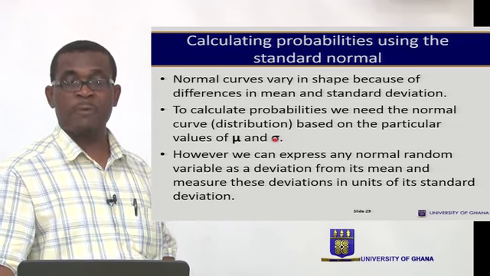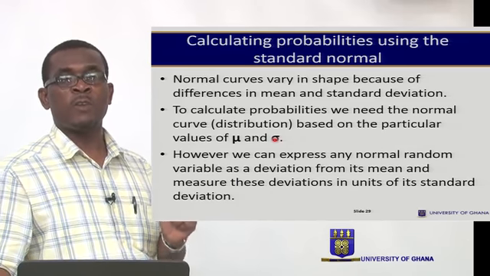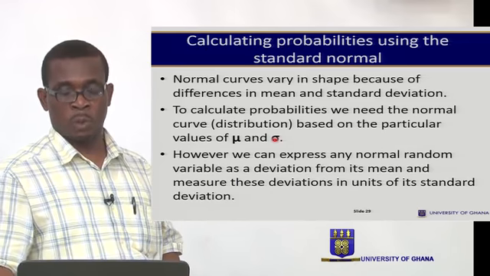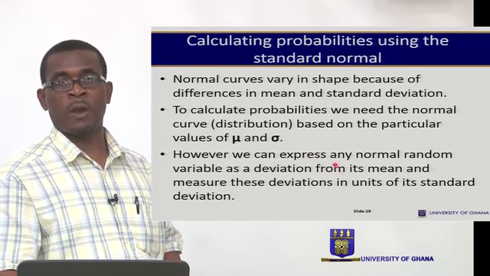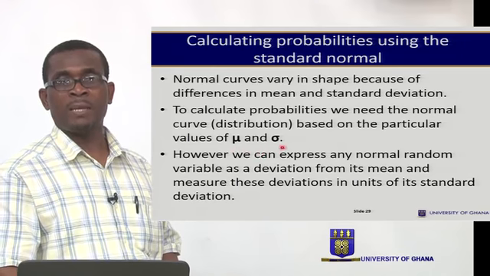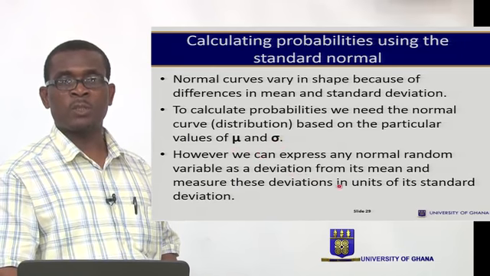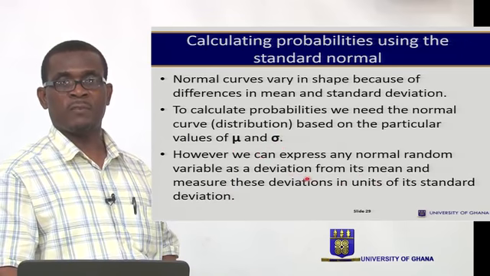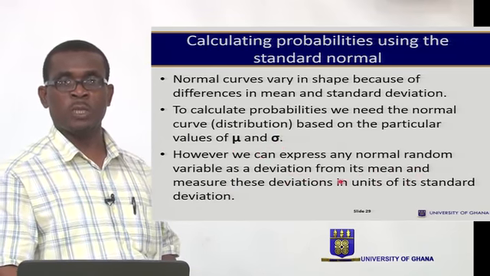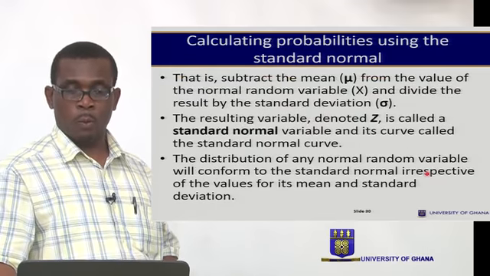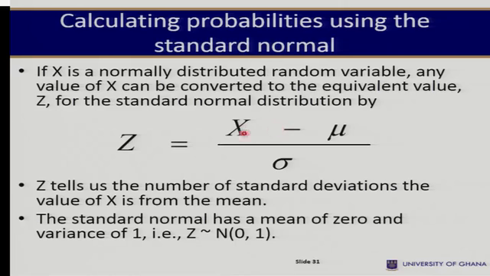When you do that, by subtracting from the value assumed by the random variable its mean, and dividing by the standard deviation, it allows us to express it as a deviation from the mean, measured in units of standard deviation. Now, when you do that, you get this. So we are saying that if a normally distributed random variable x is this, we can subtract from each of the x's the mean and divide the result by the standard deviation.